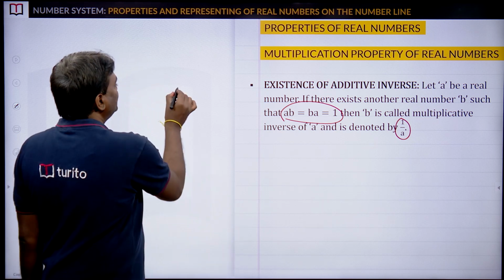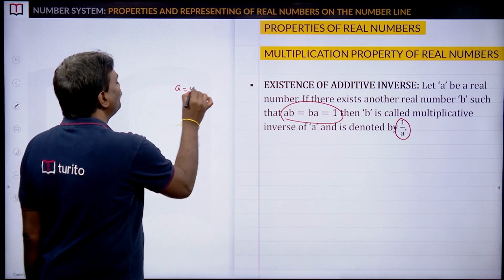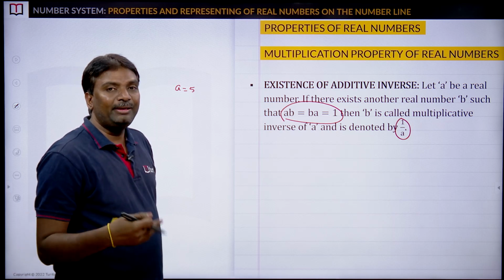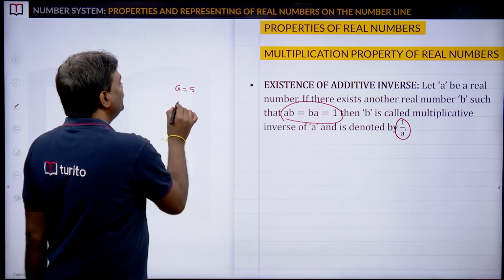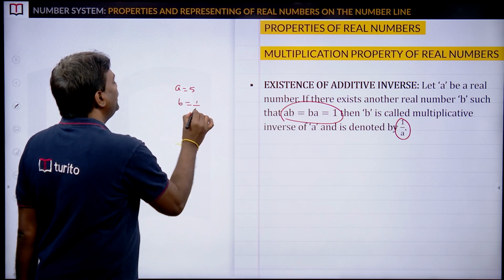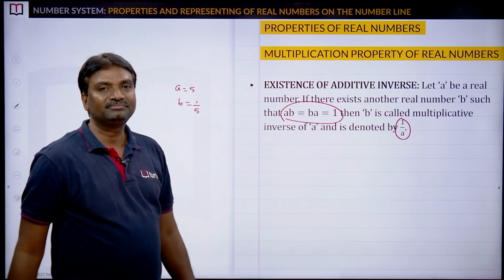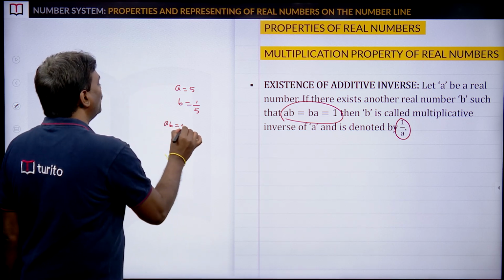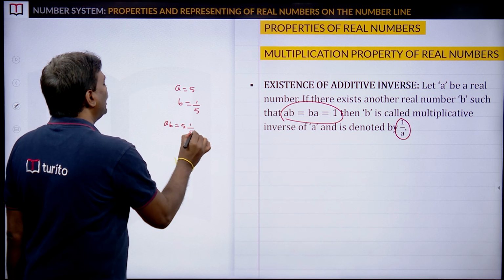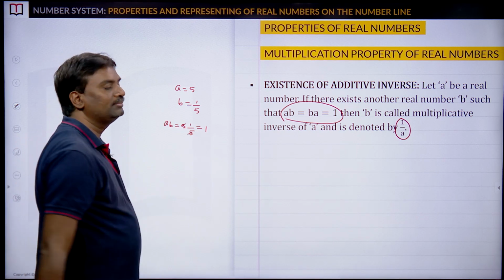So, if we suppose that A equal to 5, we have to multiply 5 by another number to get 1, which means we have to take B equal to 1 by 5. Now, A into B equal to 5 into 1 by 5, the 5 cancels, giving 1.